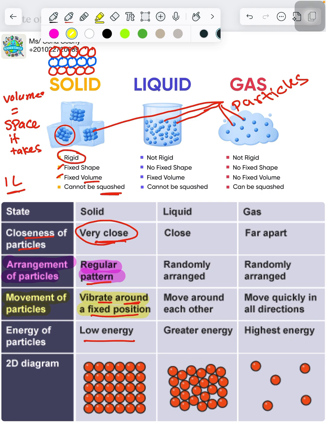Now let's move on to liquids. Liquids don't have a fixed shape. They take the shape of the container, as you know. But they do have a fixed volume.